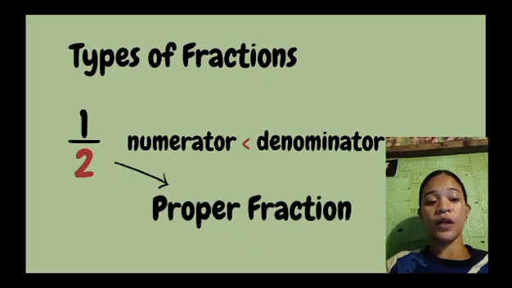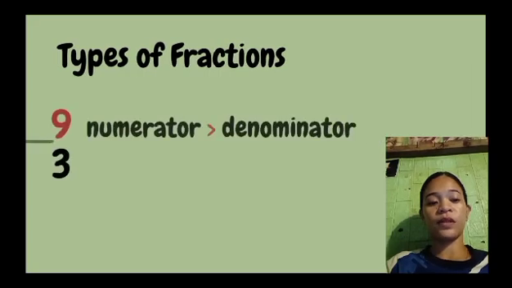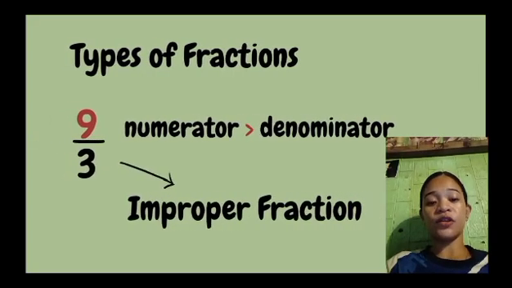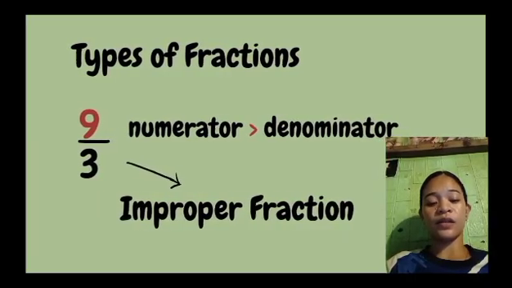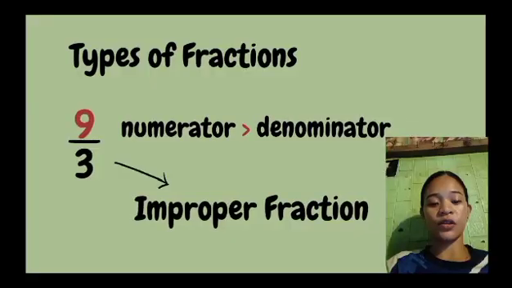If the numerator is lesser than the denominator, then it is called a proper fraction. And if the numerator is greater than the denominator, then it is called an improper fraction.